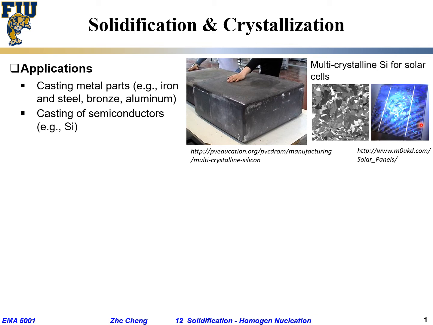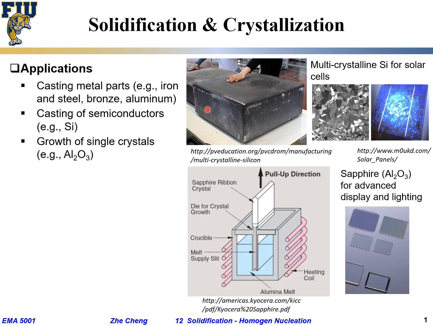But fundamentally, you can use solidification, going from liquid to solid, to get semiconductors or commonly metals. Make sense? So they are very, very important for structural material as well as for so-called functional semiconductor material.